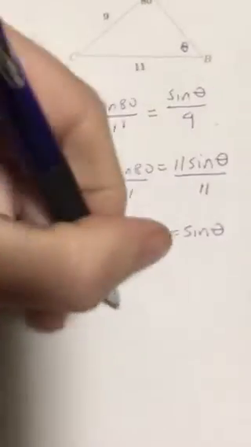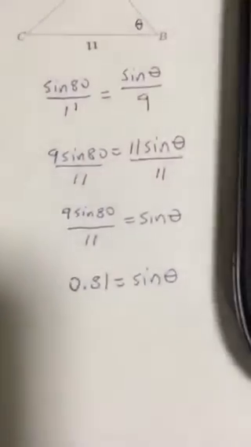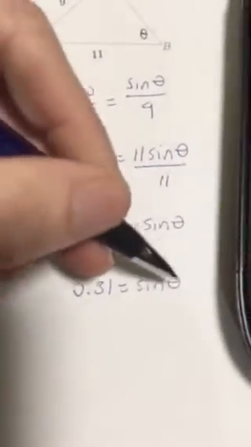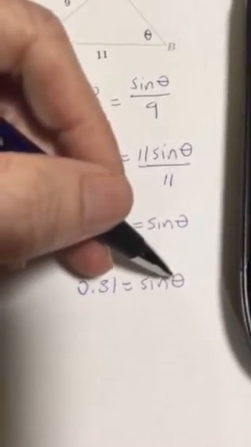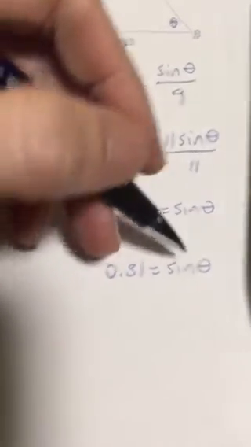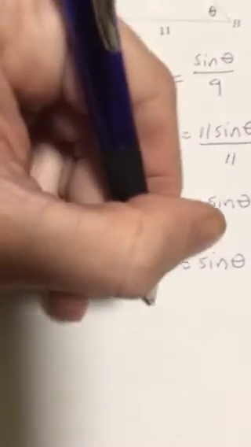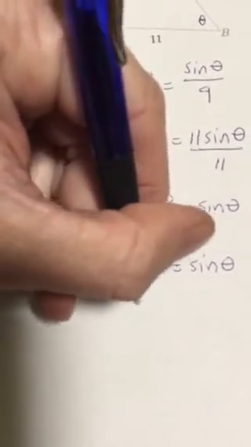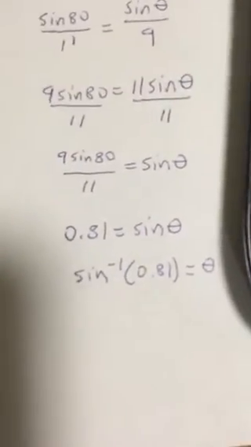So 0.81 equals sine theta. Now what I want to do is find theta. I want to get that all by itself, so I'm going to have to use inverse trig. So I'll do sine inverse of 0.81 equals theta. Remember, you use inverse trig to find your missing angle.